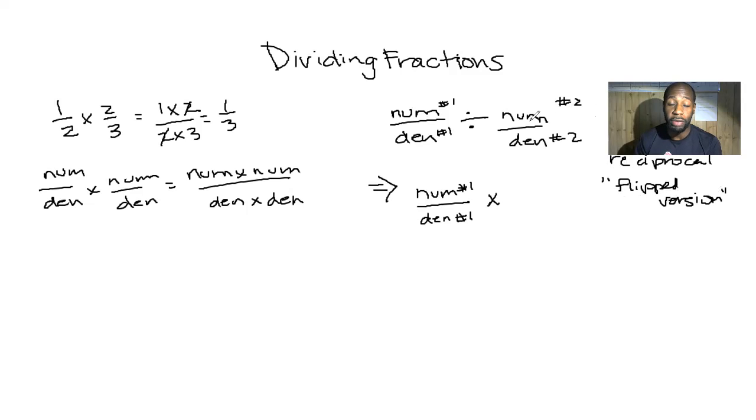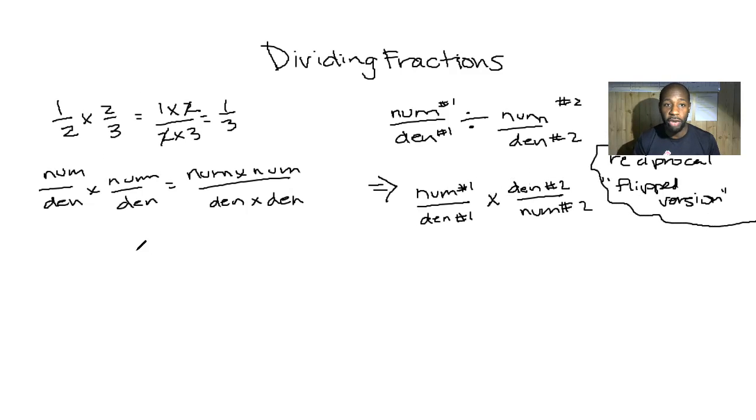So the reciprocal of this is this fraction flipped, which is the denominator over the numerator. That's it. So again, when you have fraction number 1 divided by fraction number 2, you change it to a multiplication problem where you multiply fraction number 1 by the reciprocal, or the flipped version, of fraction number 2.